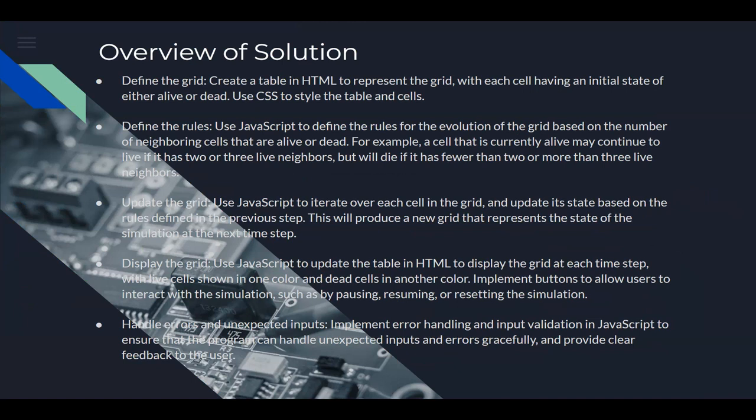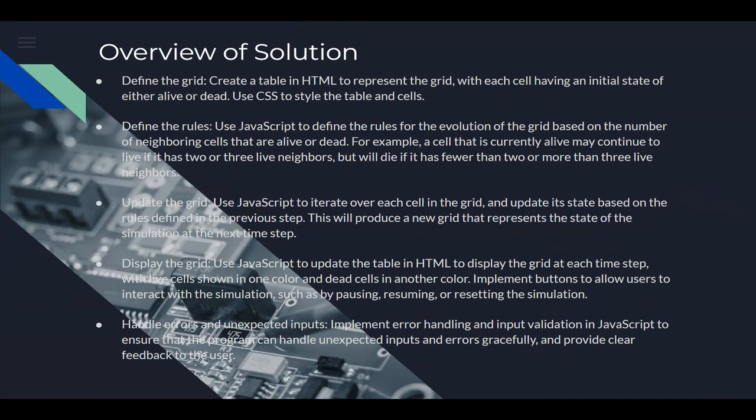Coming to updating the grid, we use JavaScript to iterate over each cell in the grid and update its state based on the rules defined in the previous step. This will produce a new grid that represents the state of the simulation at the next time step. Coming to displaying the grid, we again use JavaScript to update the table in HTML.